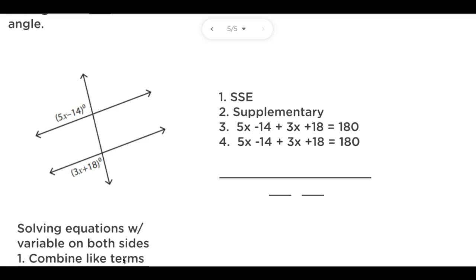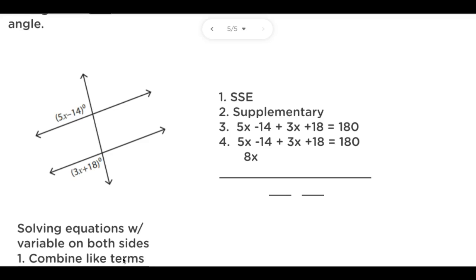Now, what do you mean, Mr. George, by combine like terms? Well, you have the variable, which is x, and then you have two constants. In combining your like terms, you have 5x and 3x. Both of those are positive, so when I combine them, they add together to give me an 8x. Now, the second two terms I have are the minus 14 or negative 14.